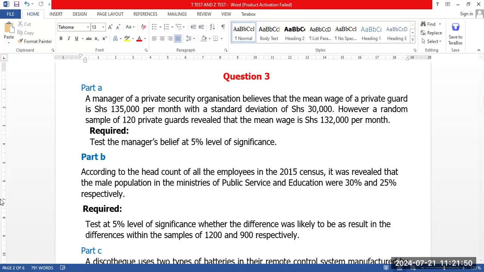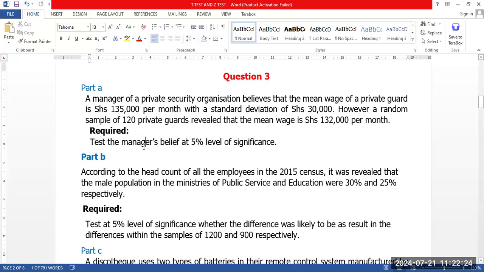So we note down what we are given. They are telling us a manager of a private security organization believes that. So it means that you need to state your null hypothesis. You need to state your alternative hypothesis, which is different from the confidence interval. With the confidence interval, we are not interested in stating hypotheses. But here you must state, because at the end of it all, you want to test.